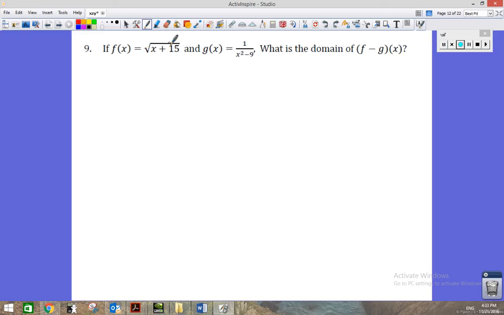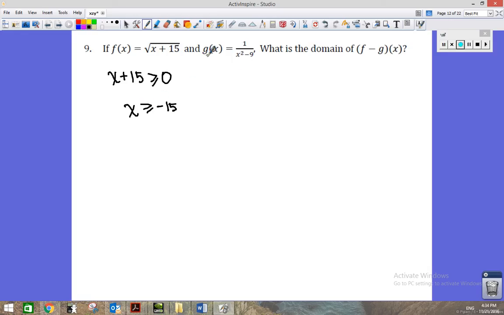I can't take the square root of a negative number. This x plus 15 is going to change its value depending upon the value of x. I need it to always be 0 or positive. So I need to restrict x to be bigger than or equal to negative 15. Otherwise, if I'm smaller than negative 15, then this is going to be a negative number and I can't take the square root of it and I can't get a corresponding y value.